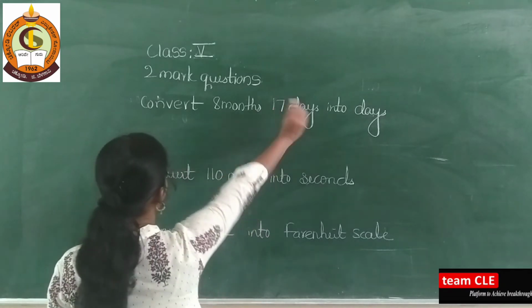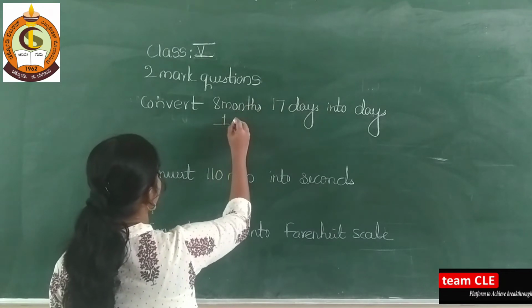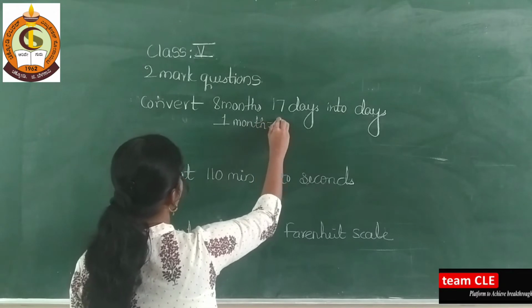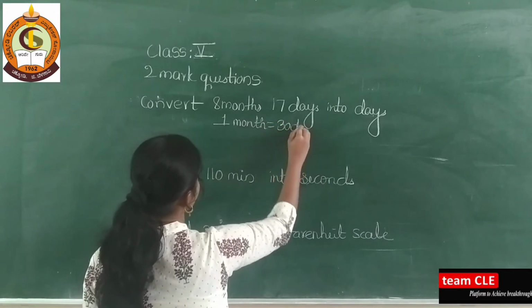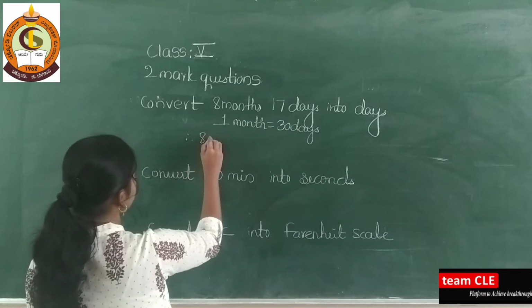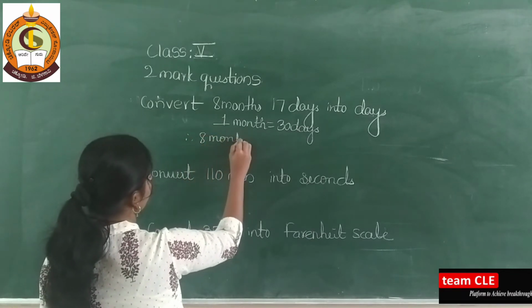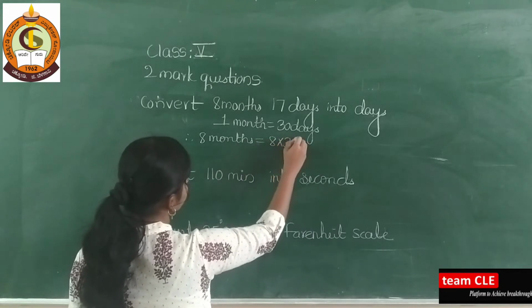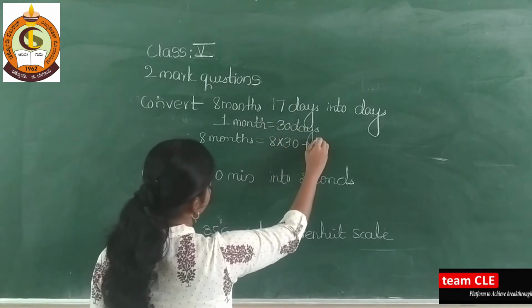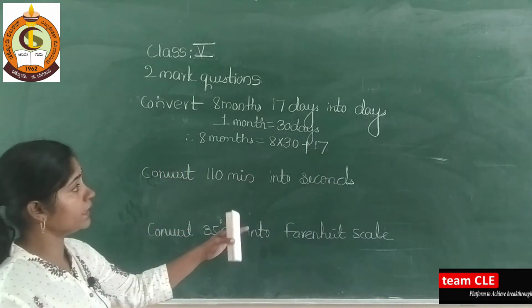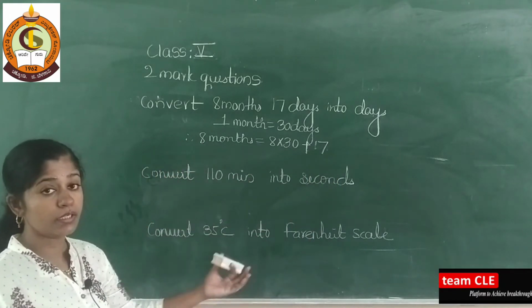Then tell me, 1 month is equal to, I will take here 30 days. Yes, 1 month is equal to 30 days. Therefore 8 months is equal to 8 into 30 plus this 17 days, already you have to write, because it is already in days.